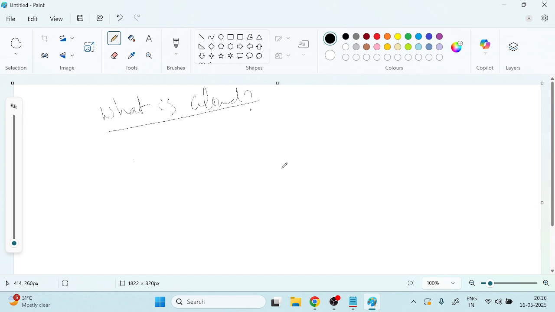Okay, here cloud means the storage. We will store the data as well.